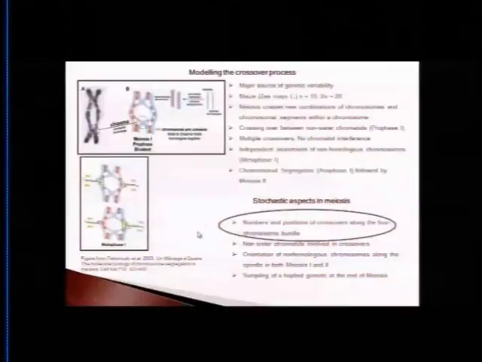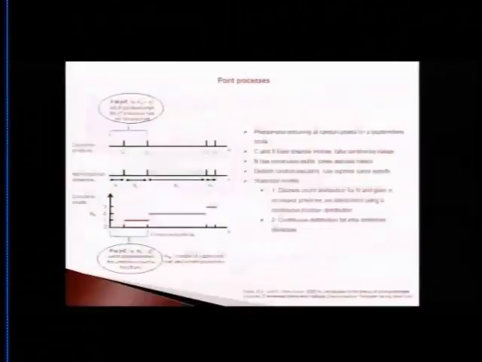To determine the number and position of crossovers, we looked at point processes, which are phenomena occurring at random points along, in our case, the chromosome, so I'm just calling it chromosome, but it's on a location or time scale. Point processes can be defined in terms of three equivalent terminologies.